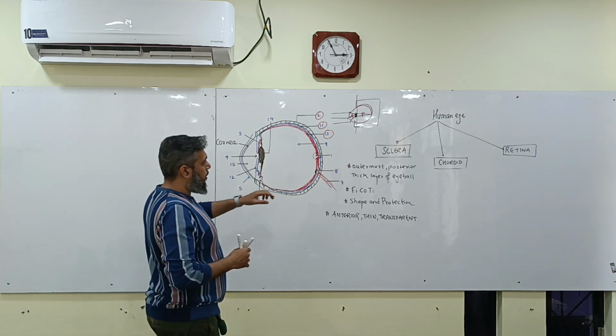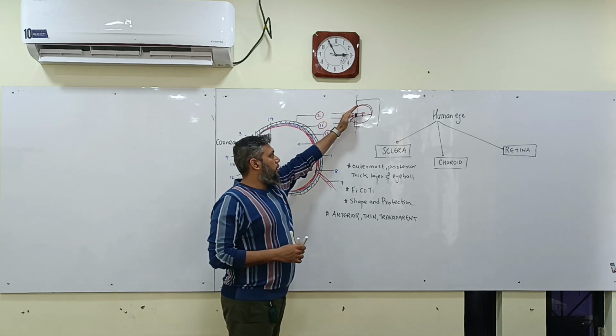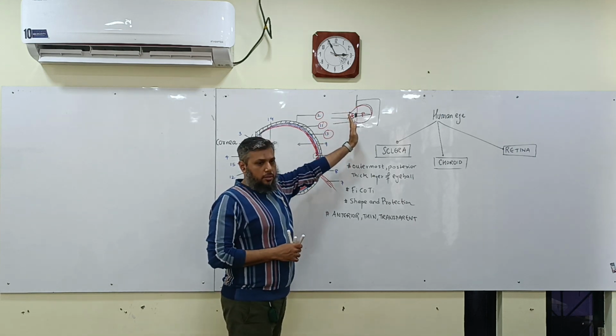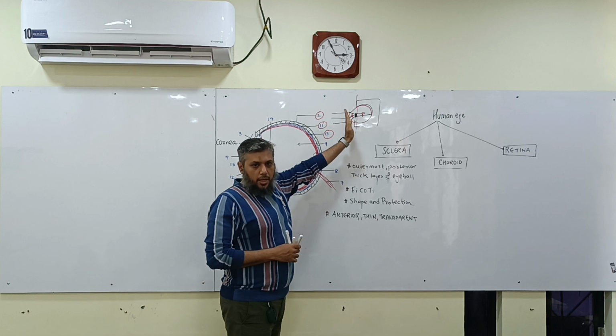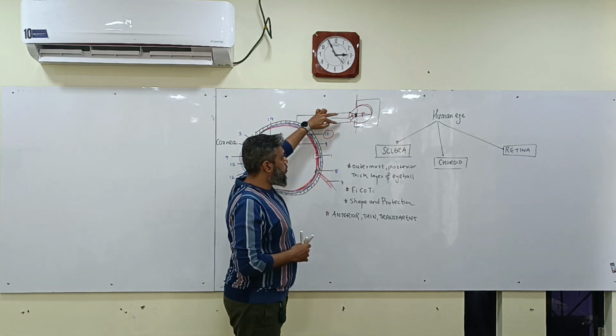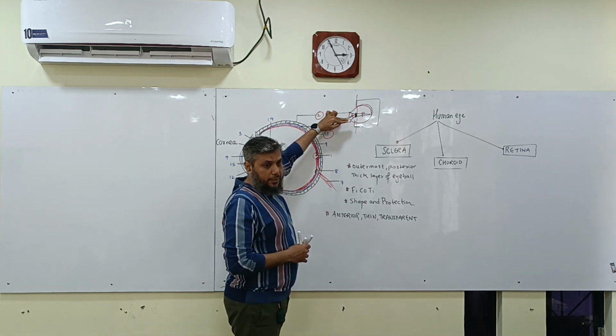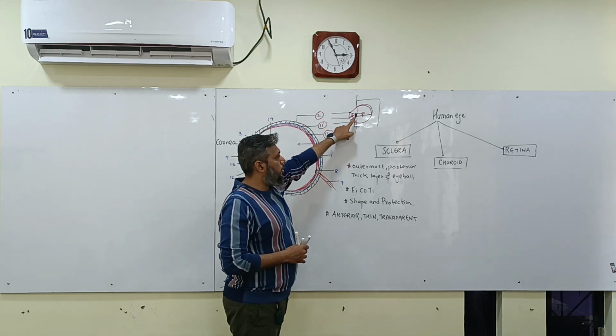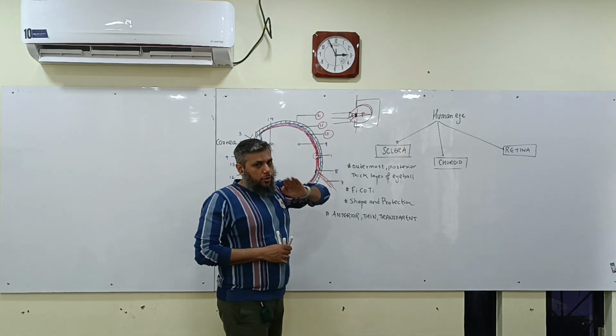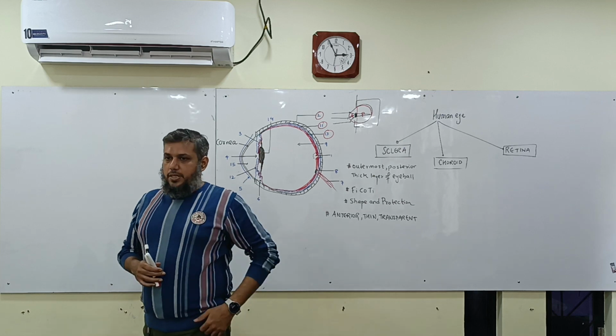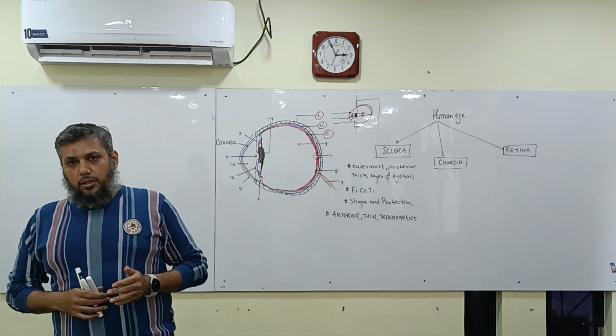So the cornea is a slight anterior bulge, the part that comes forward, which allows the light to get refracted on the lens. So majority of the refraction, is it done by the lens or by the cornea?